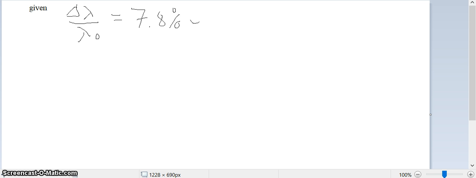So normally you're given the shift. Delta lambda over lambda naught is called the shift.